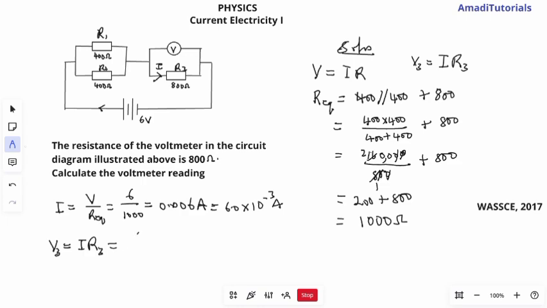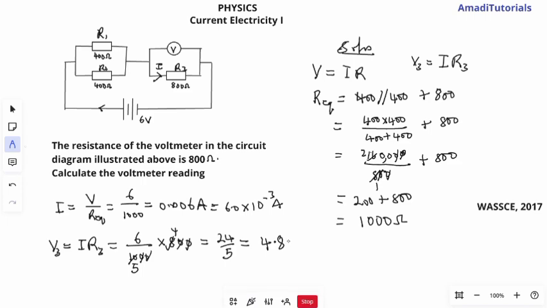So this will be 6/1000 times 800. Two zeros will cancel two zeros, 2 will cancel 4, 2 cancels 5. So 6 times 4 is 24, divided by 5 is 4 remainder 4/5, which is 4.8 volts.